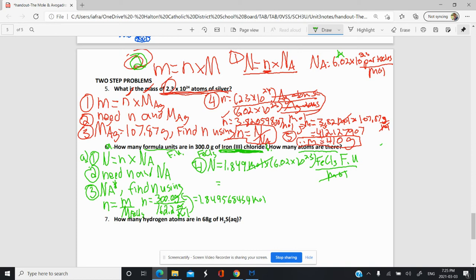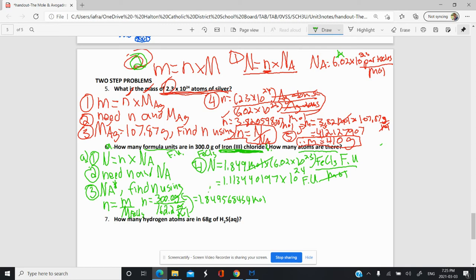So let's do times Avogadro's number, 6.02 times 10 to the power of 23. And I get 1.113440197 times 10 to the power of 24 formula units. And then you could put your therefore statement.